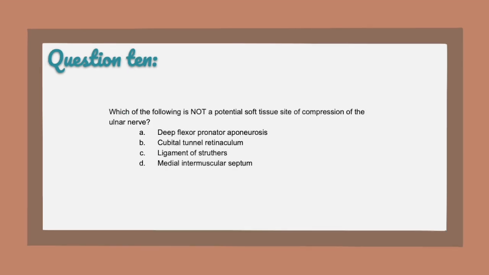Question 10. Which of the following is not a potential soft tissue site of compression of the ulnar nerve? A. Deep flexor pronator aponeurosis. B. Cubital tunnel retinaculum. C. Ligament of Struthers. D. Medial intermuscular septum.